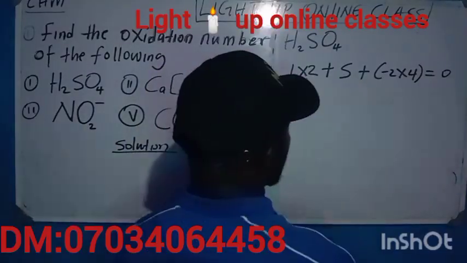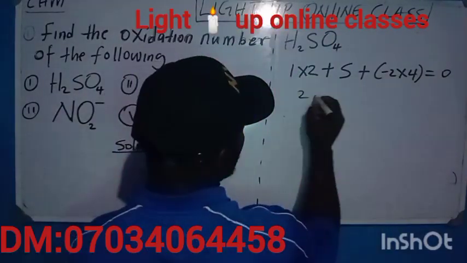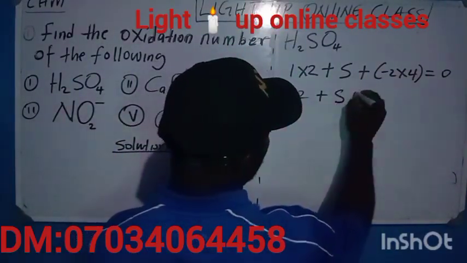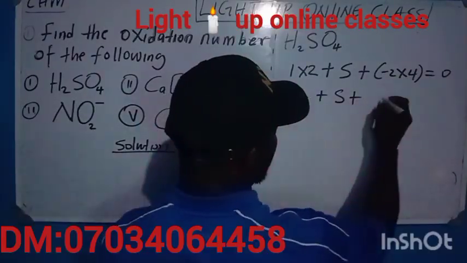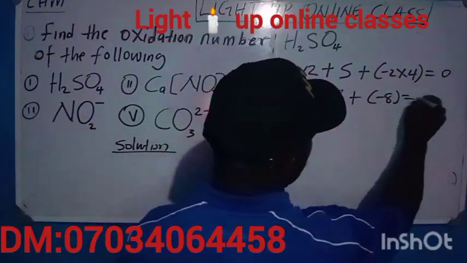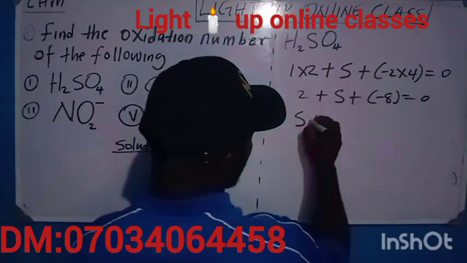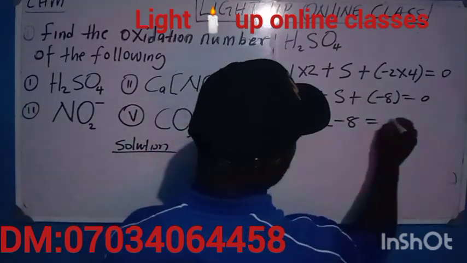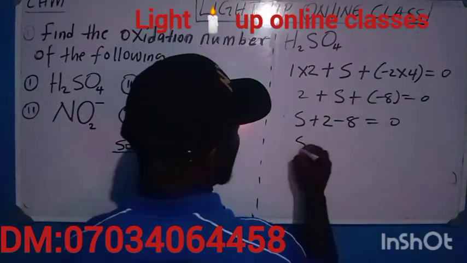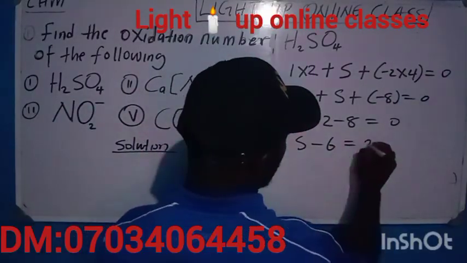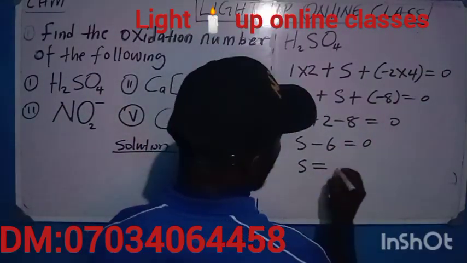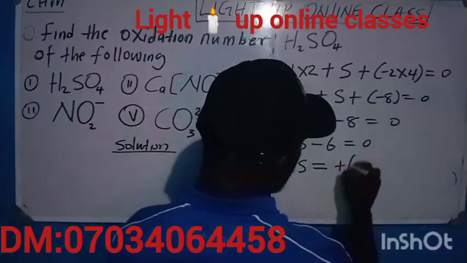Therefore, opening this, that will be 2 plus sulfur plus minus 2 times 4, that is minus 8, equals 0. So that's going to give us S plus 2 minus 8 equals 0. And 2 minus 8 will give us minus 6 equals 0. Sulfur will be equal to plus 6.